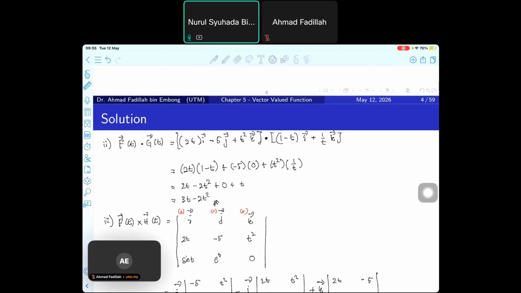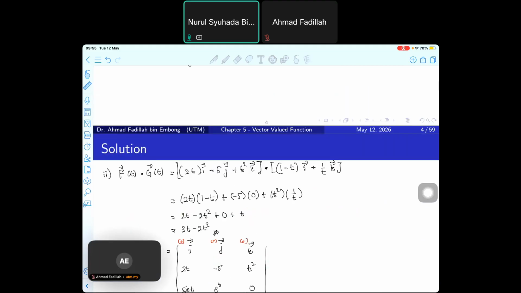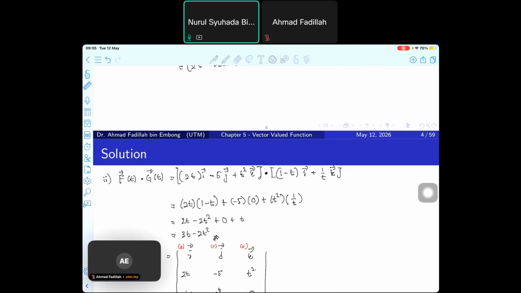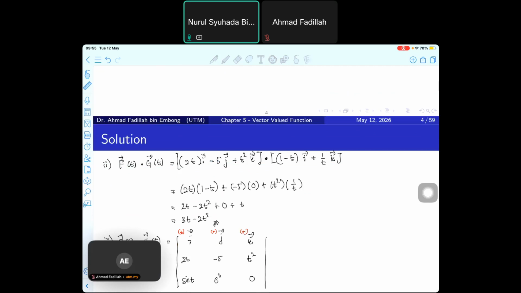The second question is about the dot product. Recall that the dot product is defined the following way. I copy this is my F and this is my G. Copy everything, and then we multiply each component: ith component with ith component, jth component with jth component, and kth component with kth component.